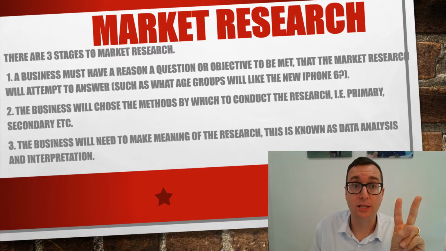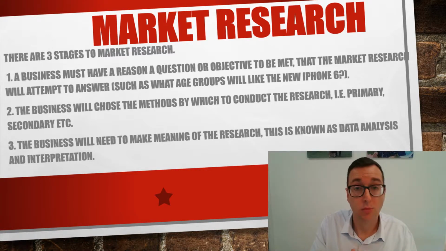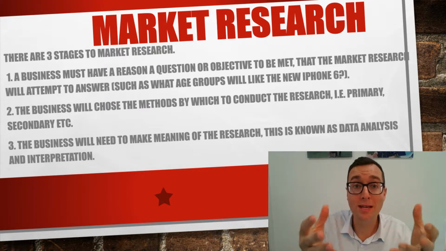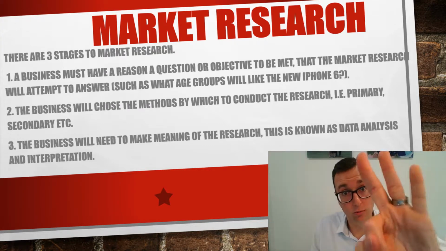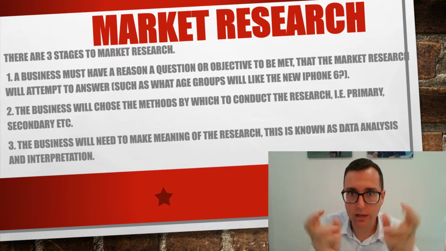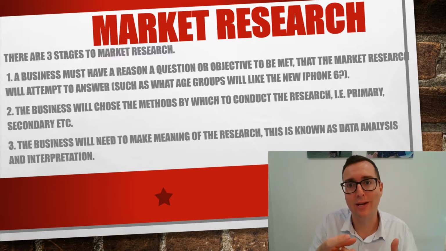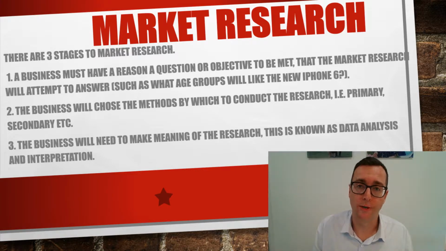The second step or stage in market research is the business will choose the methods by which to conduct the research, i.e. primary or secondary, or a mix of the two. The third stage in market research, the business will make meaning of the research. This is called, not surprisingly, data analysis and interpretation. You've got those findings and you're going to analyze what you're seeing.